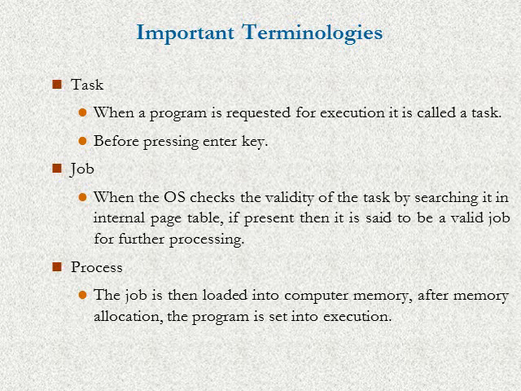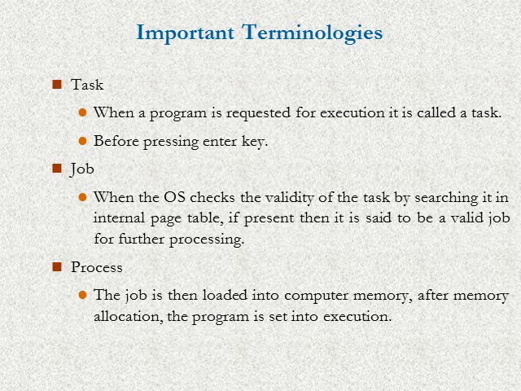So whether it should be submitted to the operating system for further processing, whether whatever resources this program is requesting from the operating system, should we let those resources be assigned to this program. So all of this checking is done. Whenever we are doing this checking, we call a particular program just as a job.